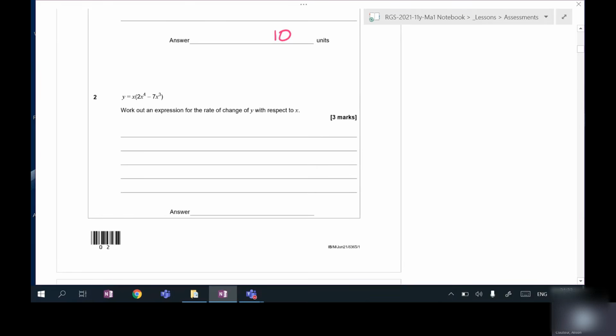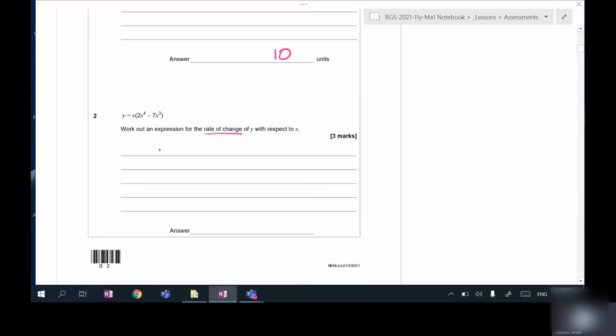Let's have a look at the next one. So work out an expression for the rate of change of y with respect to x. So we know the word rate of change means the differential. So we're going to differentiate y. Before I differentiate y, I'm going to expand the brackets. That would give me 2x to the power of 5 minus 7x to the power of 4.